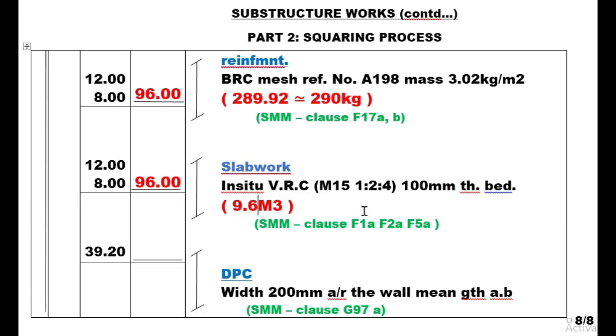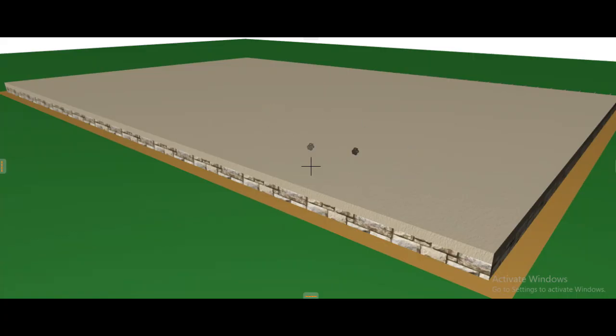So watch the following video clip explaining this one. By demonstration, this is the slab work I'm talking about. It has a length of 12.00 meters from this corner up to this corner, by 8.00 from this corner up to this corner. So if I square this, I get 96.00 square meter. But if I'm interested further to know the volume of this in situ concrete, I multiply that area by this thickness.